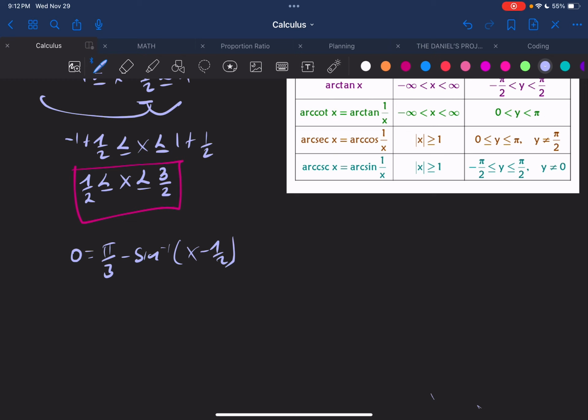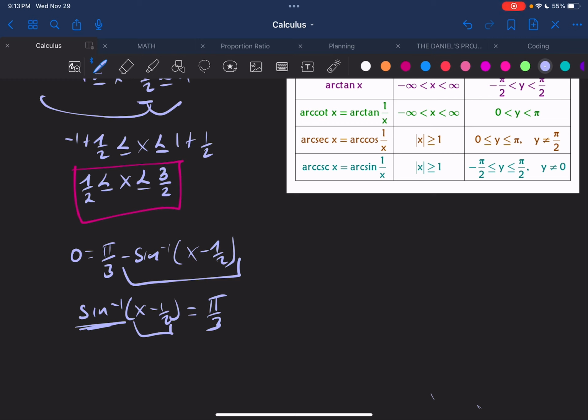First step, because I don't want to deal with negatives, I'm going to bring this negative sine inverse of x minus 1/2 to the other side. So I have sine inverse of x minus 1/2 equals pi over 3. Now, I want to get rid of this sine inverse and just be left with x minus 1/2.